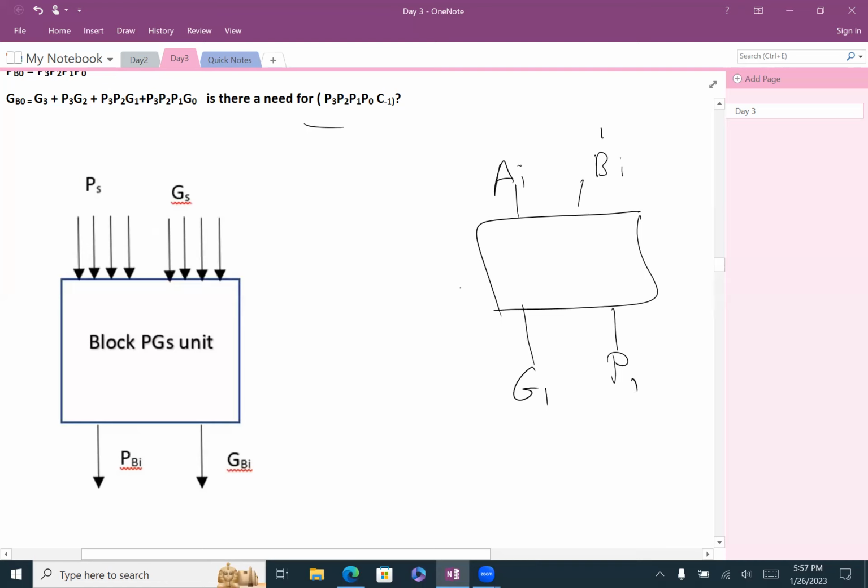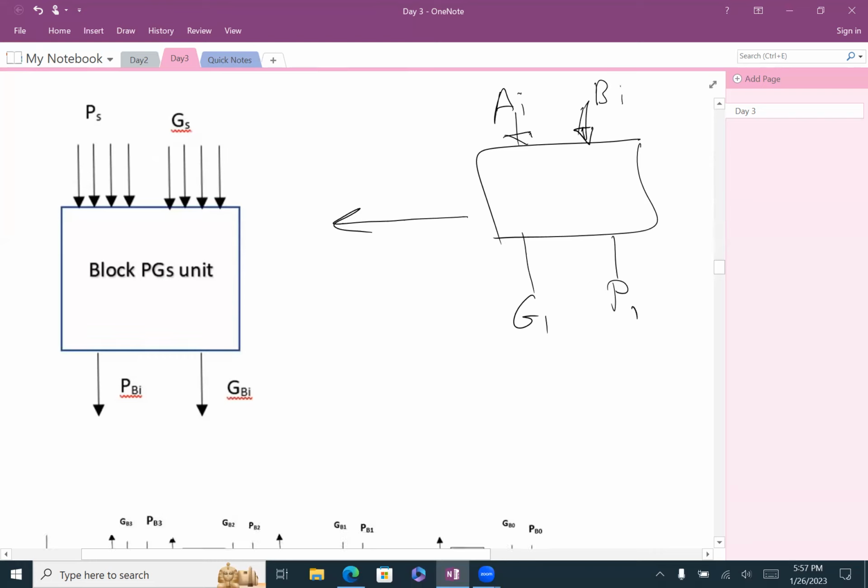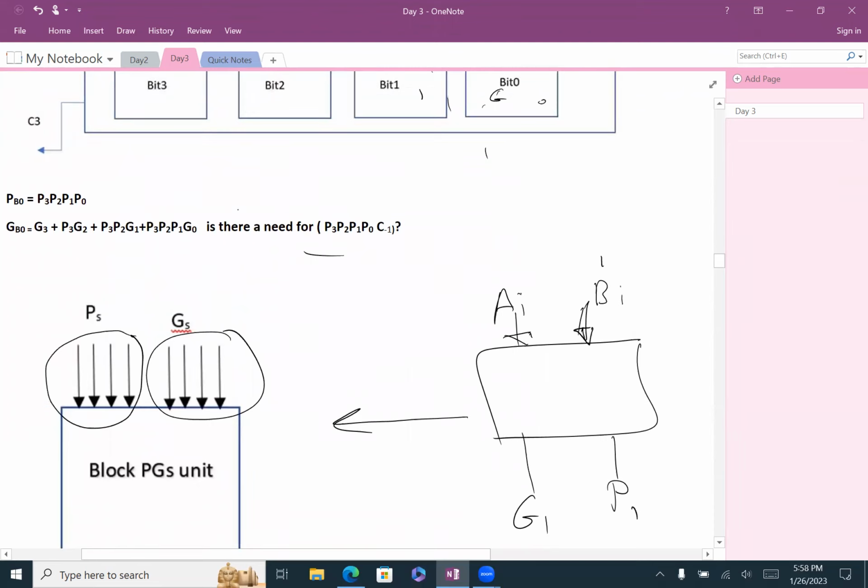All right. Now similar here, but here how many bits will you input? Just 1, because I'm doing it only for 1 bit. Here in the block design, you will have 4 inputs. And what are these 4 inputs? If you go back in this circuit, what do you have there?